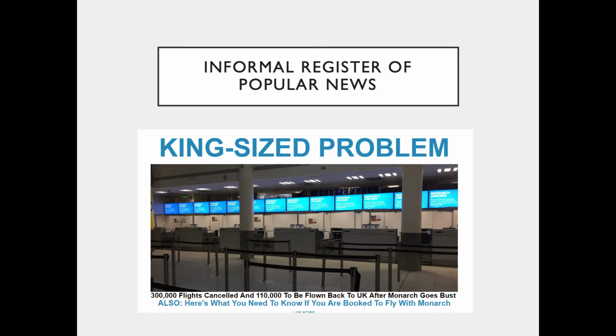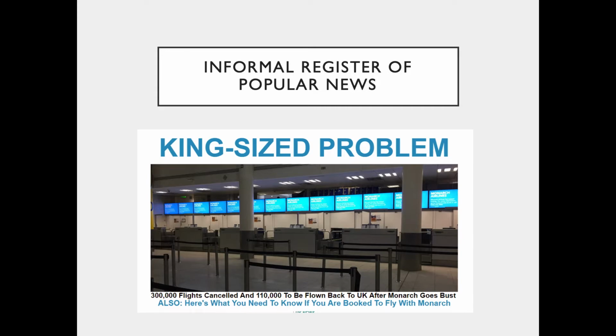We might be more familiar with the informal register of popular news. So this has come from a news outlet online, and we have a coloured image, a photograph, and then that headline which says king-sized problem. So that phrase at the beginning, the two words king-sized, is a play on words.